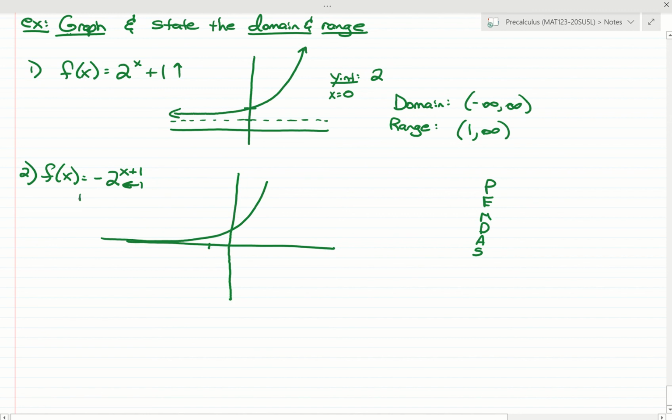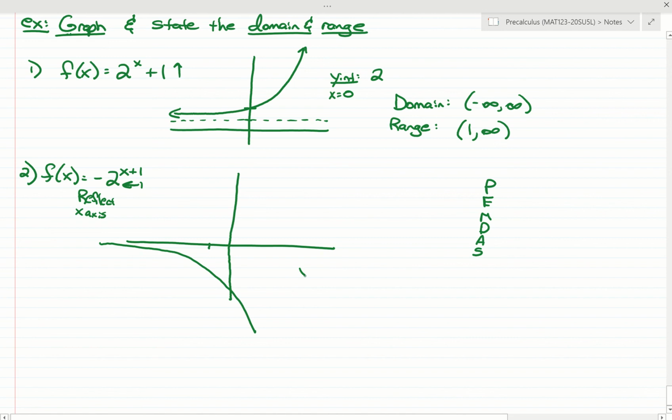Now the negative in front is going to reflect over the x-axis. So we're going to take this graph and we're just going to actually mirror it over the x-axis. So it looks something like that.